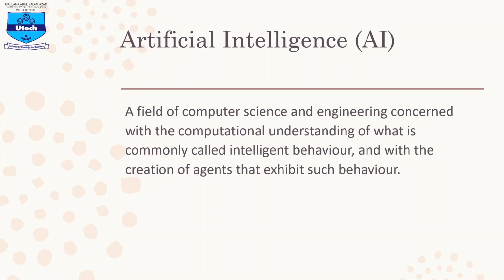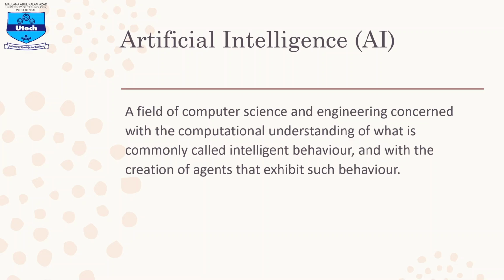So what is the formal definition of artificial intelligence? Let us recapitulate some of the topics. This particular field of computer science and engineering is concerned with the computational understanding of what is commonly called intelligent behavior and with the creation of agents that exhibit such behavior.